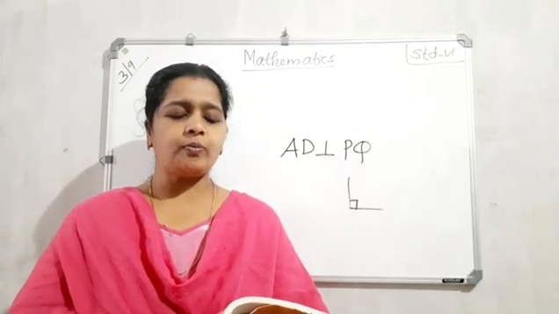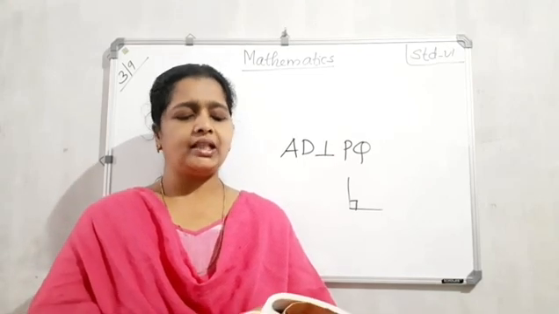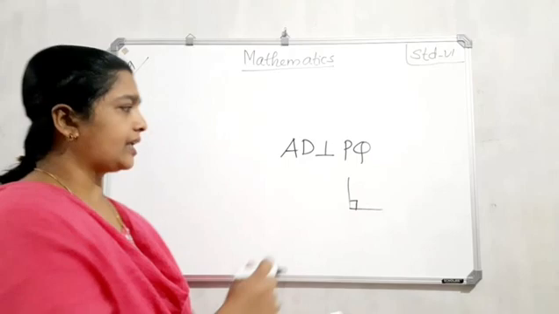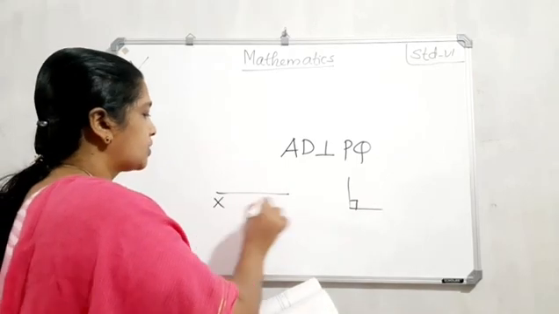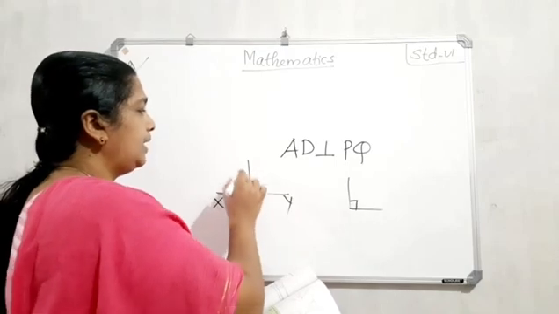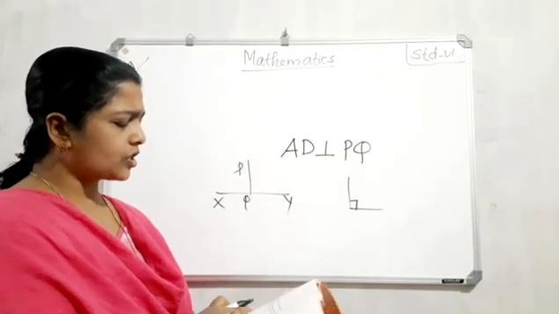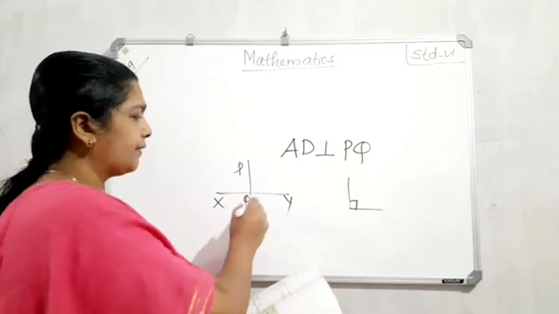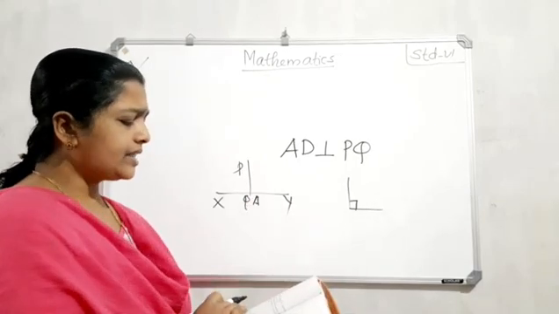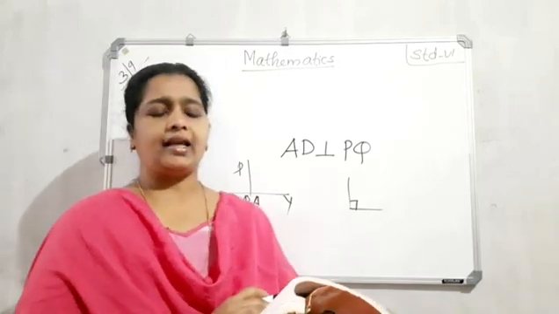Let PQ be the perpendicular bisector of the line segment XY. PQ and XY intersect at the point A. What is the measure of angle PAY?